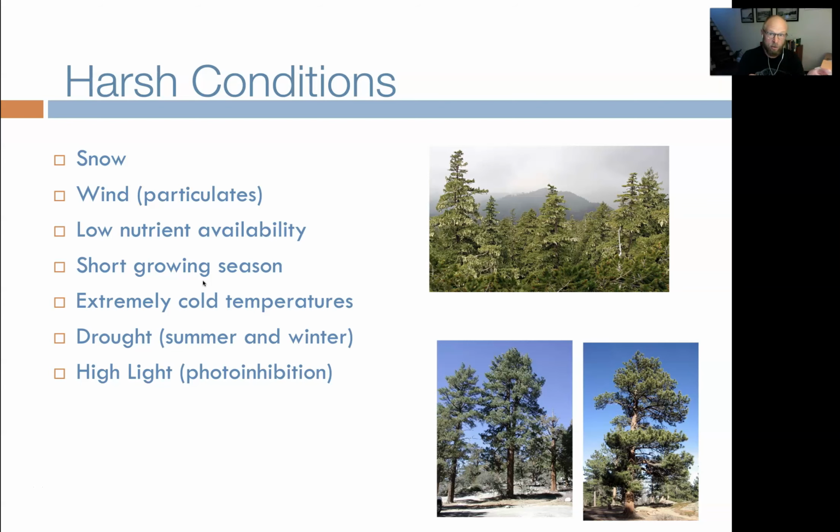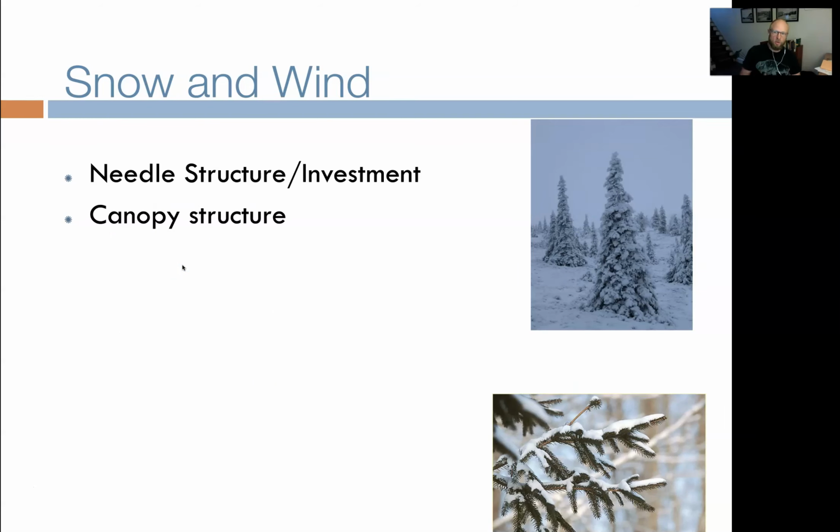The length of the growing season, cold temperatures, drought, and high light conditions are all environmental stresses that evergreen gymnosperms are good at tolerating, and most deciduous angiosperms are not. So we're going to focus on these conditions and the adaptations evergreen gymnosperms have to deal with them. Let's first talk about snow and wind briefly.